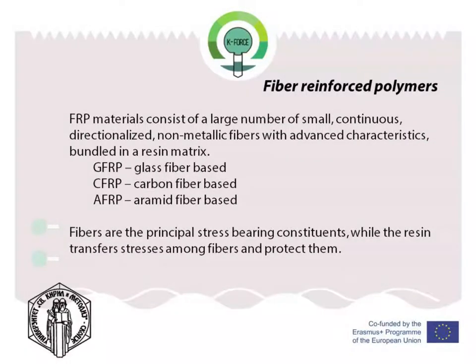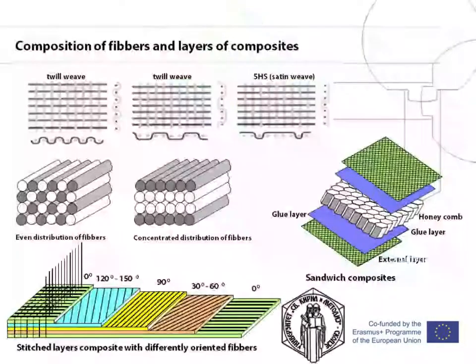Due to the fact that the stiffness and the strength of the fiber is much larger than the stiffness and strength of the matrix, the properties of the FRP composite material are governed by the fiber properties and the cross-sectional area of the fibers.